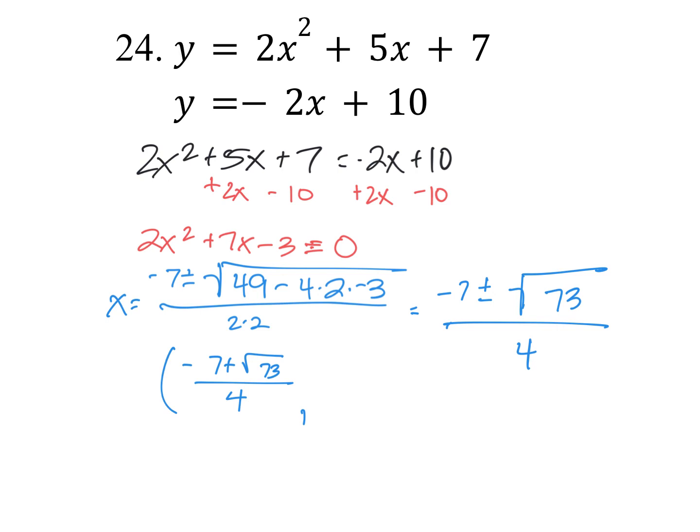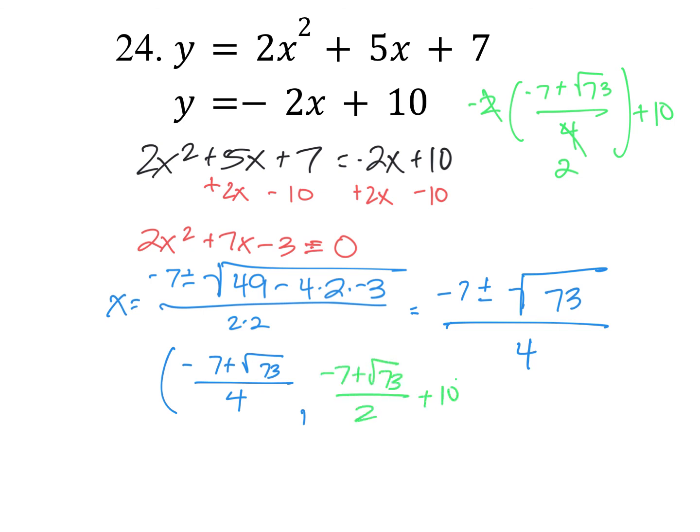We plug it back in, and we go negative 2 times negative 7 plus square root of 73 divided by 4, plus 10. Well, that cancels. So now I've got negative 7 plus the square root of 73 over 2 plus 10 would be my y value.